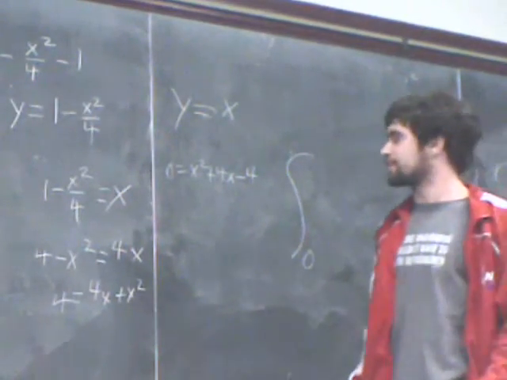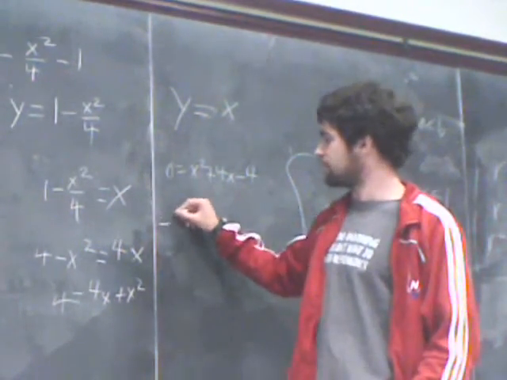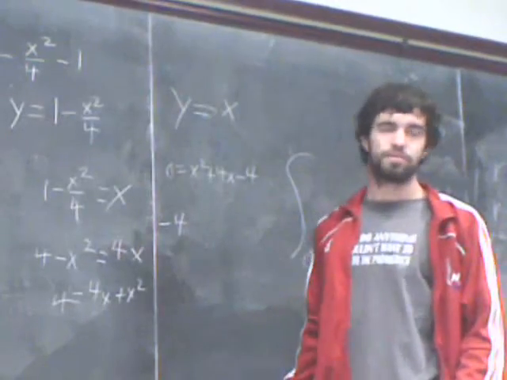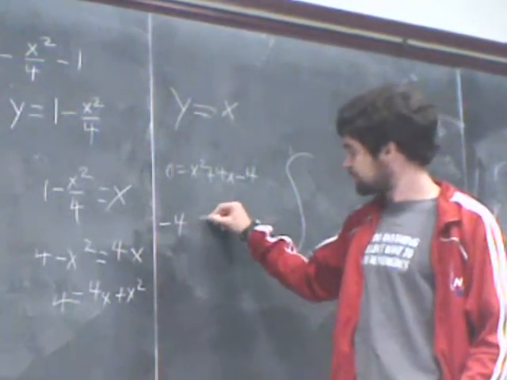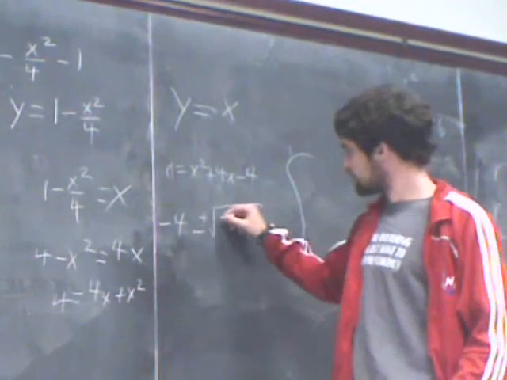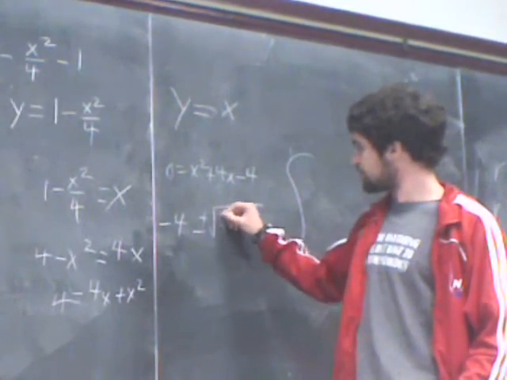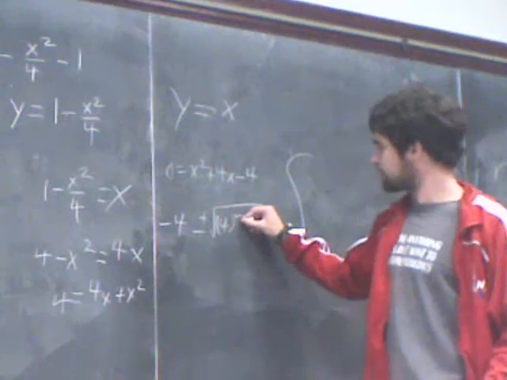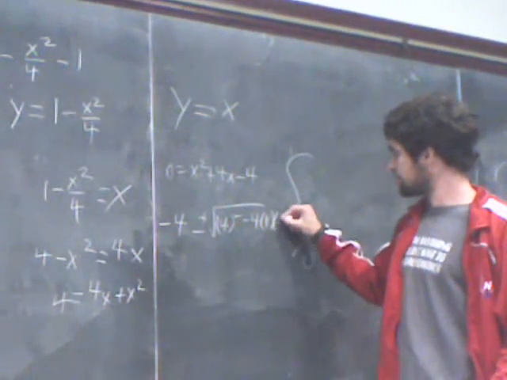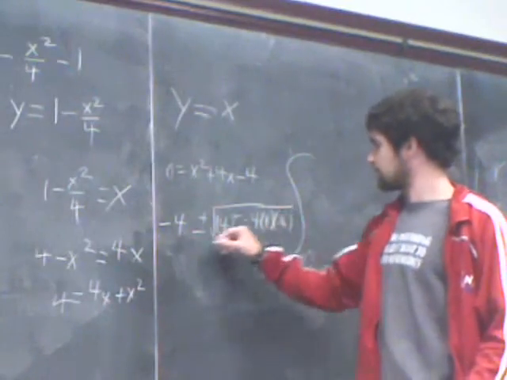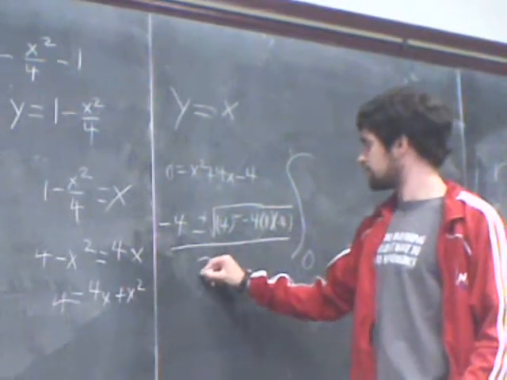So I'm assuming you're saying that your 4 is b. Negative b plus or minus the square root of b squared, 4 squared, minus 4 times 1 times negative 4, all over 2. Correct? Yes.